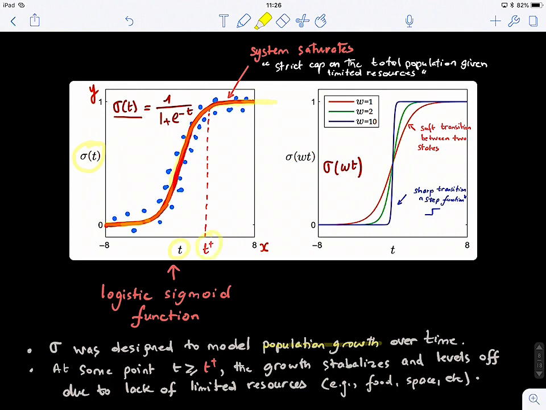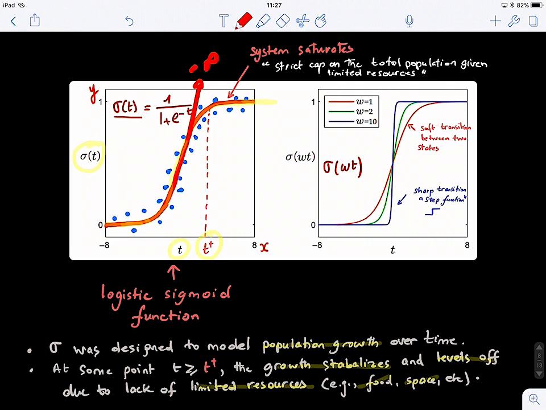So this models the growth of biological systems, where generally we hypothesize that the growth will stabilize and level off due to limited resources. So maybe lack of food, lack of space. So it's not possible for the population to keep growing infinitely. That's not possible because we have limited resources.